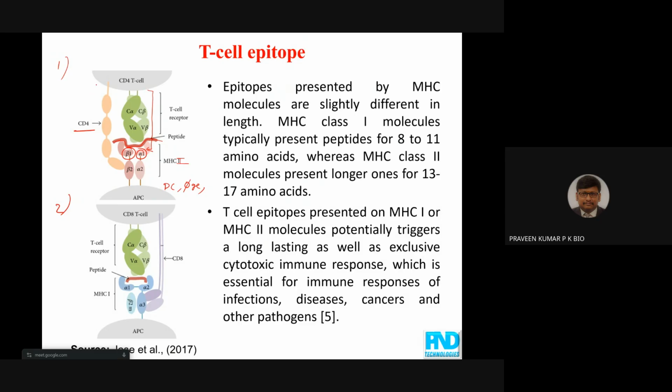Along with these, we have a receptor called CD80, or CD86. We call these co-stimulatory molecules. If CD28, another receptor on the T cell, interacts with CD80 or CD86 of the co-stimulatory molecules of the APC, the T cell is going to get activated.